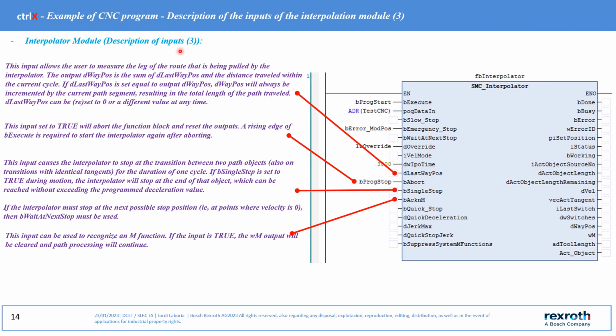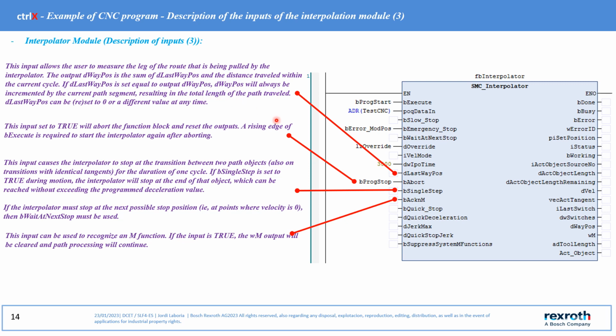Interpolator module. Descriptions of inputs, part 3. The last Y pose. This input allows the user to measure the leg of the route that is being pulled by the interpolator. The output dy pose is the sum of the last Y pose and the distance traveled within the current cycle.